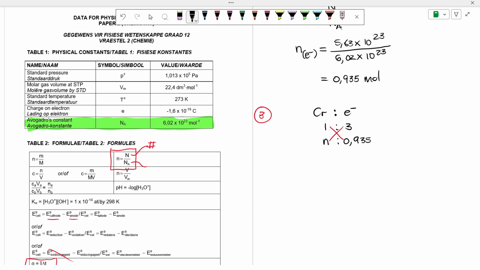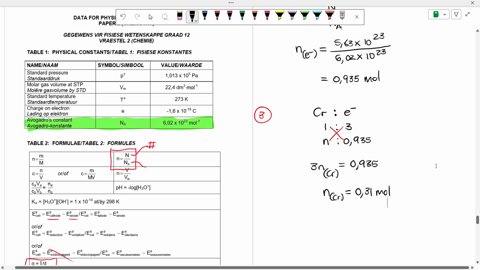Then you'll have 3 times n for chromium is equal to 1 times 0,935. Divide by 3 both sides. What do we get? 0,31. Mole. Don't forget the units.